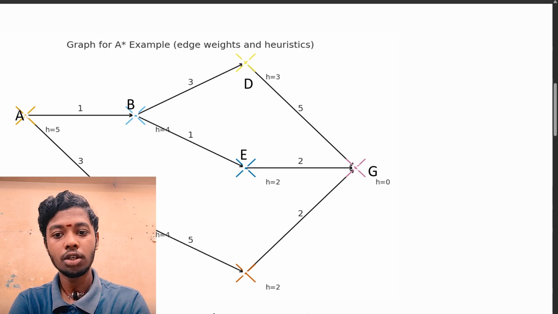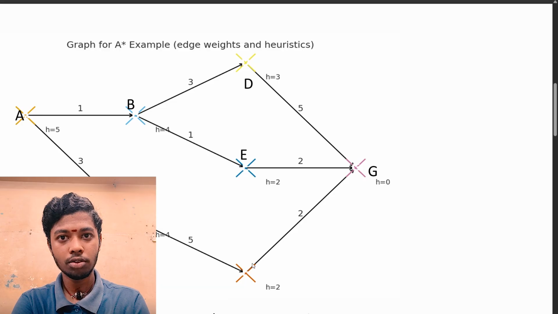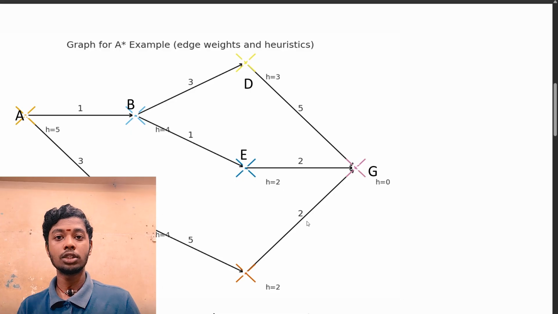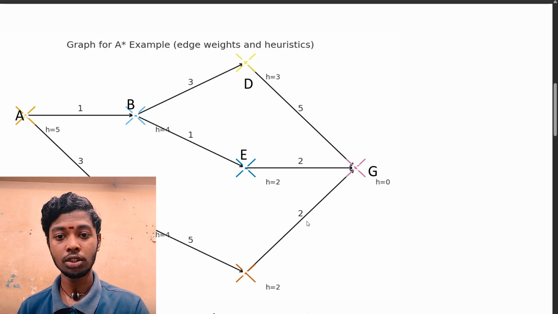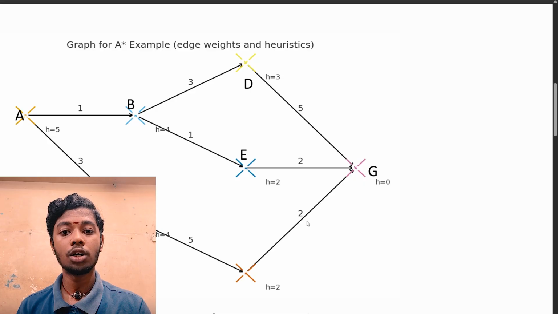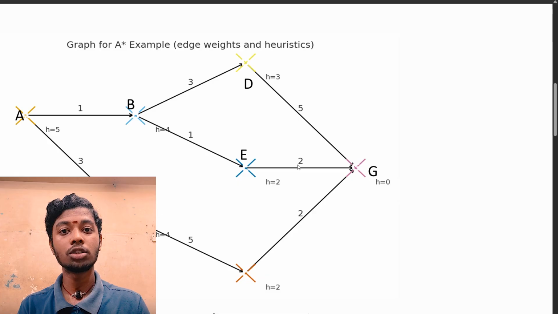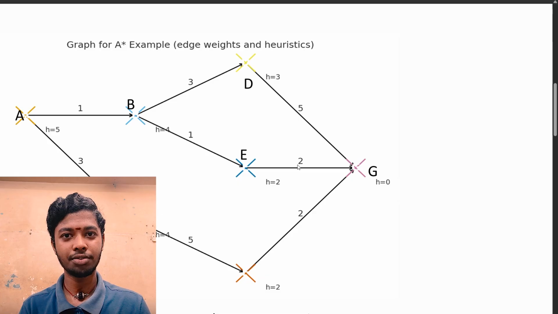So 9, 4, 10. The minimum value is 4, that is the shortest path we got from the A star search algorithm. Using this algorithm, we will be achieving the shortest path possible for search in a graph.